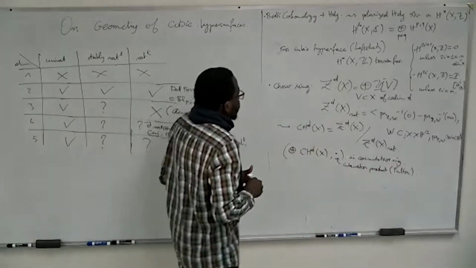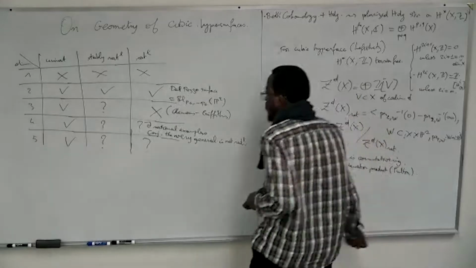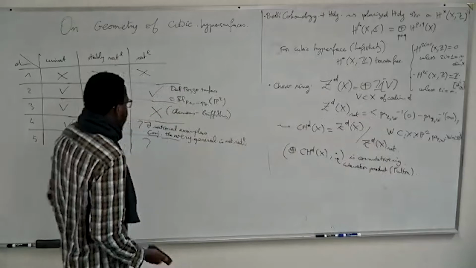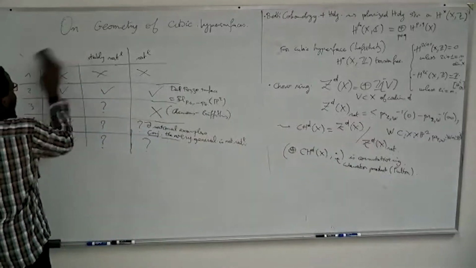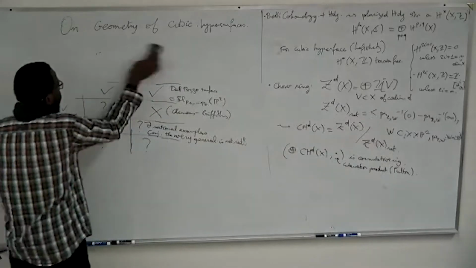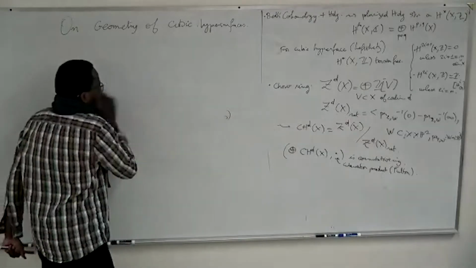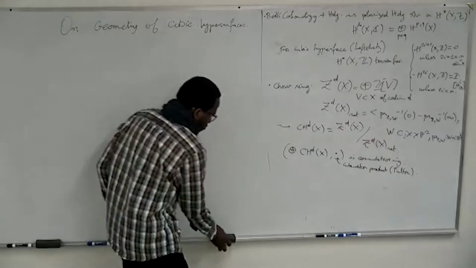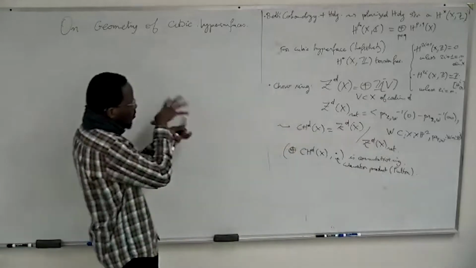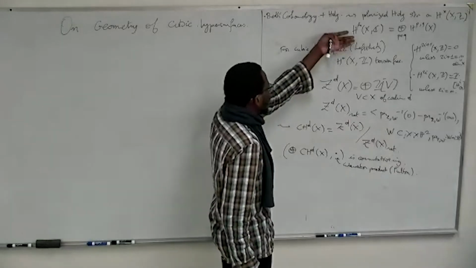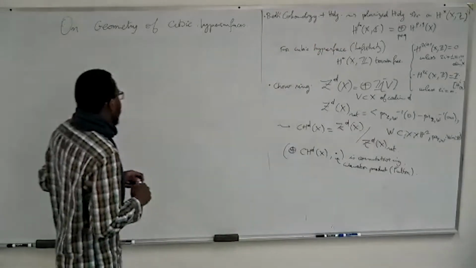So Chow groups are usually much more mysterious than homology groups. And there is, in general, no efficient way to compute them, but we can still try to scratch part of them using much more nicely behaved homology groups.